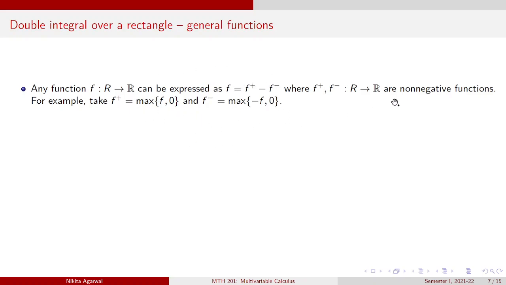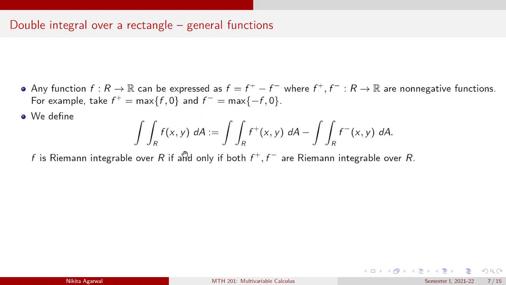Once you have done that, you define the integral of f over the rectangle R by splitting the integral. You know how to compute the double integral for a non-negative function, and f plus and f minus are both non-negative functions. You compute them and you take their difference, and that is how you define the double integral of f.